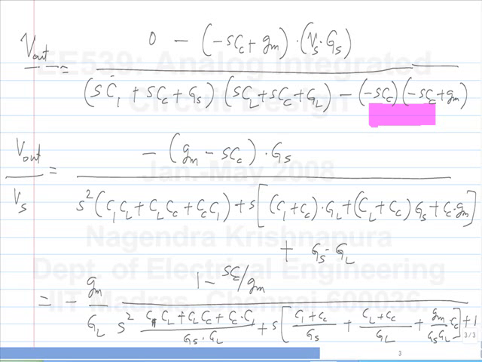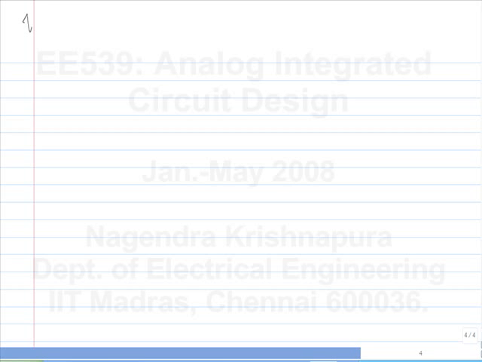Actually, there is no room here, but the last part is plus 1. Okay. It turns out to be this. Maybe.